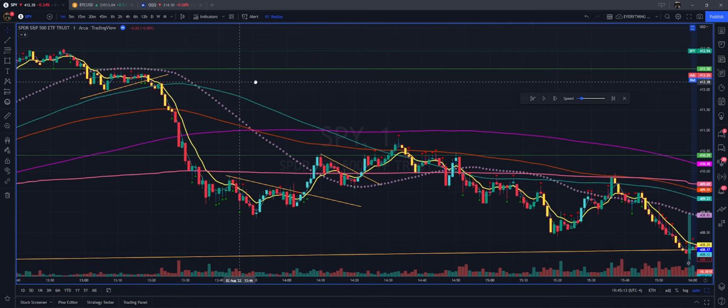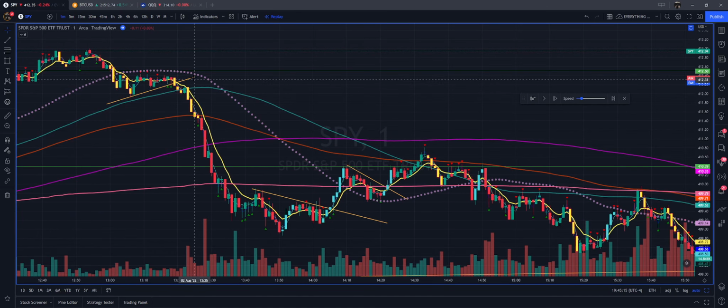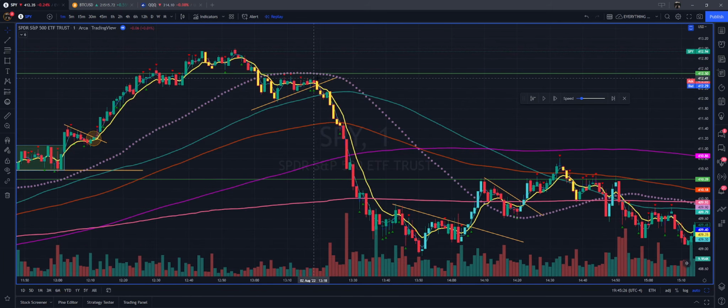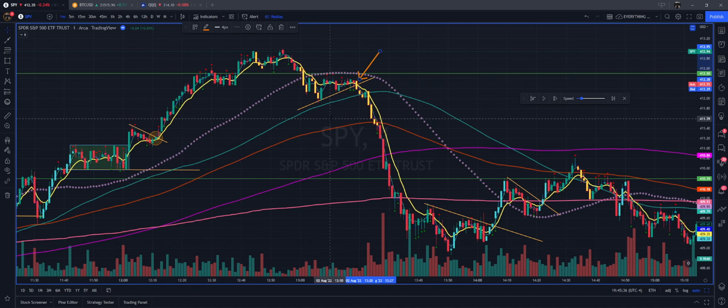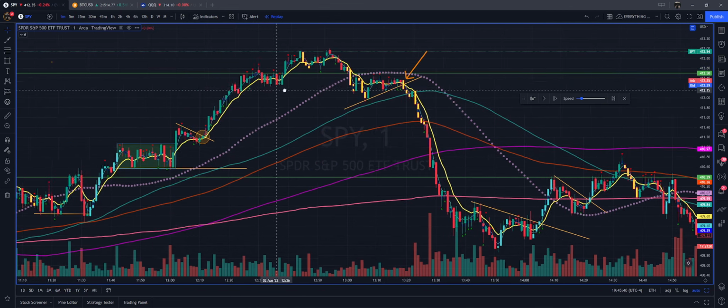So for example, once it broke the range, creating some type of evening star formation on the candlestick, that's when you get in, right? Once it broke the range with the confirmation of, for example, a bearish engulfing or maybe an evening star formation, that's when you get in.